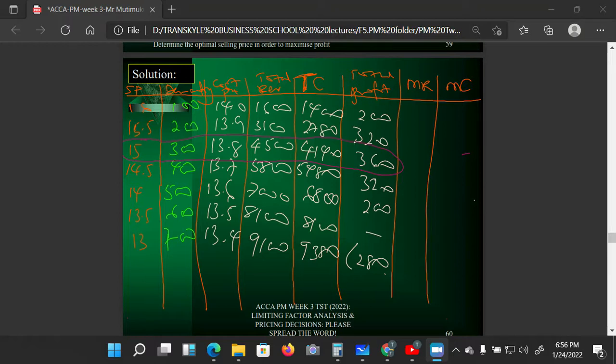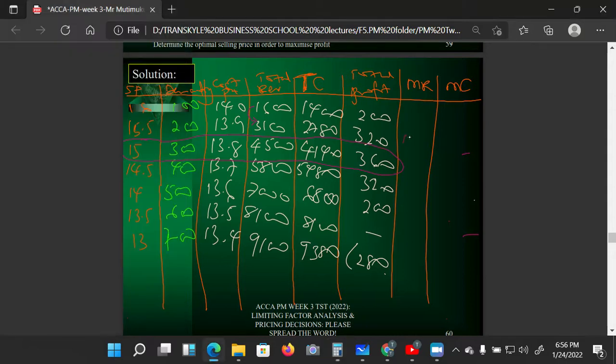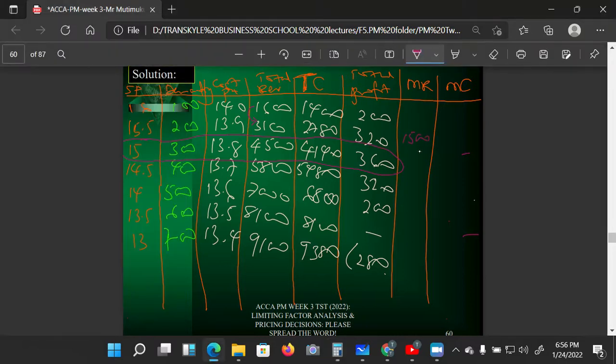What is that extra revenue we get? It will be a movement from 1,600 to 3,100. Let us use our calculator. 3,100 minus 1,600, that's 1,500. So the marginal revenue here would be 1,500.